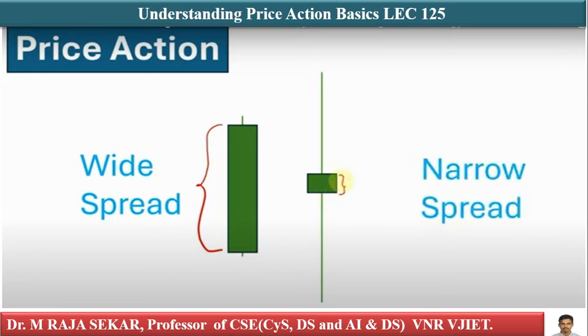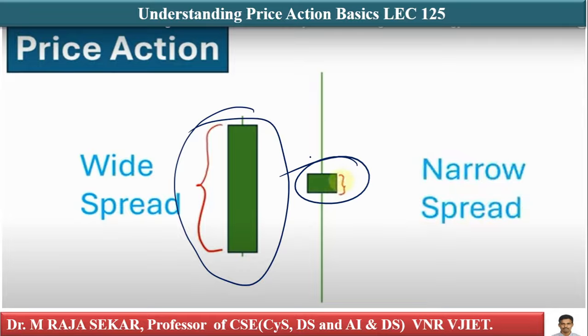Understanding price action basics. In price action analysis, we often talk about widespread and narrow spread candles. What is this widespread? You can see here, this is widespread. Here this is narrow spread. A widespread candle means the rectangle body of the candle is large.